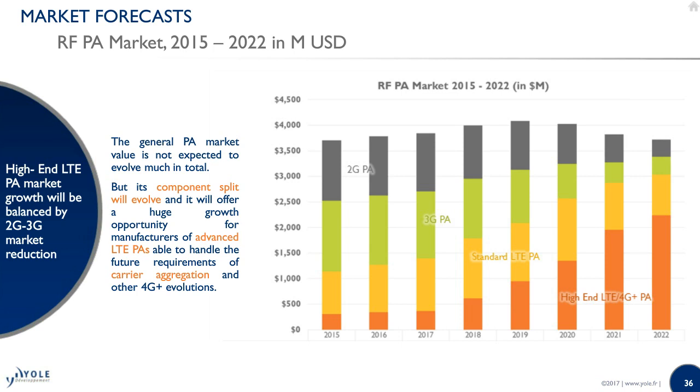So in terms of volume, we'll have a decreasing market that we'll see also in terms of value. And it's highly driven, again, by the high-end LTE or 4G power amplifiers, so these multi-mode, multi-band power amplifiers.